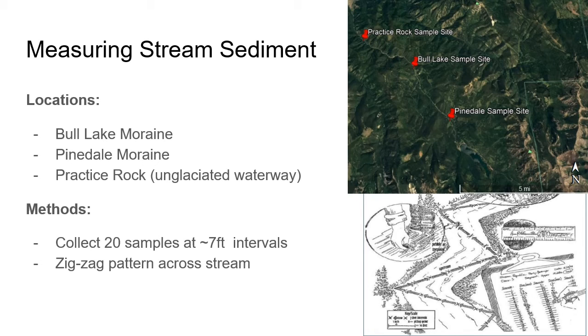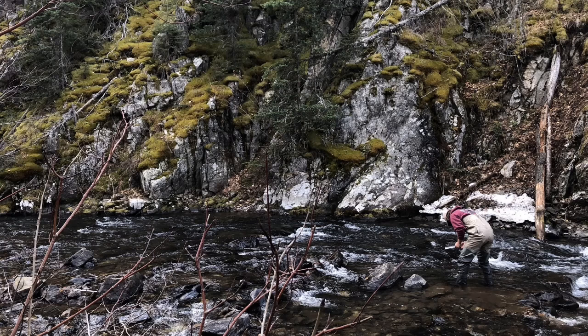To do this, we collected 20 samples at 7-foot intervals throughout the streams. We made a zigzag pattern across the stream to ensure that we were getting a representative sample from the stream. And here is a picture from our data collection.